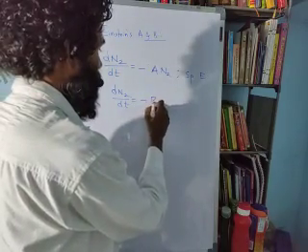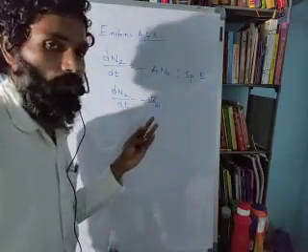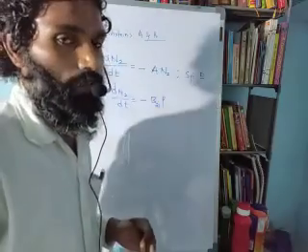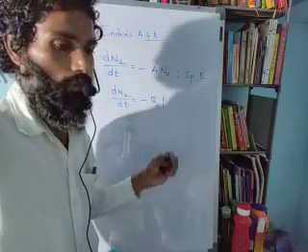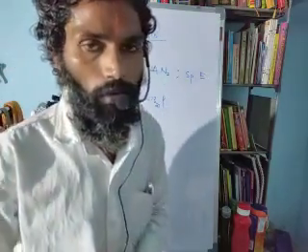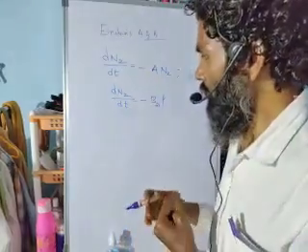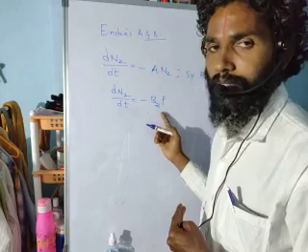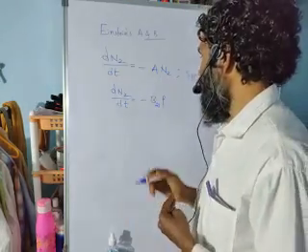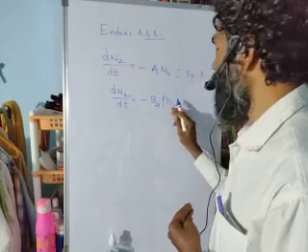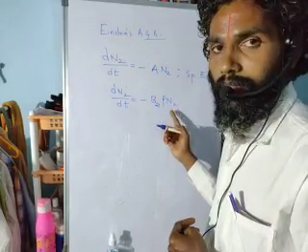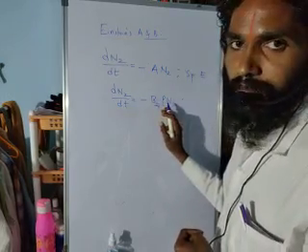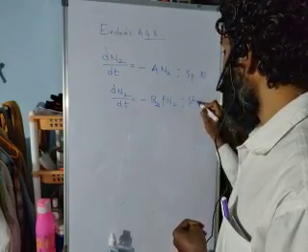Einstein wrote it using a coefficient called B21, and there is rho, the spectral energy density of a black body, because he considered the collection of atoms to be in thermal equilibrium with a black body. That is why we write rho here, the spectral energy density of a black body, multiplied by the number density of level number 2, N2. So this rate equation is because of the stimulated emission process.